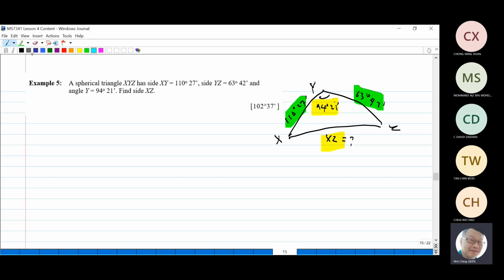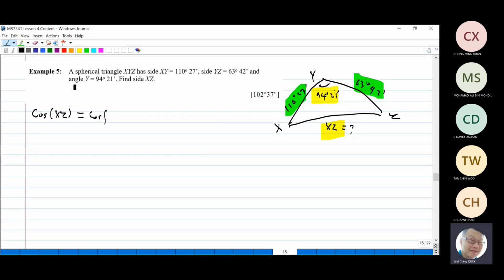Yellow code here: cosine of XZ, the yellow one, equals cosine of XY, the green color one, cosine of YZ, plus sine of XY, sine of YZ, then cosine of angle Y.